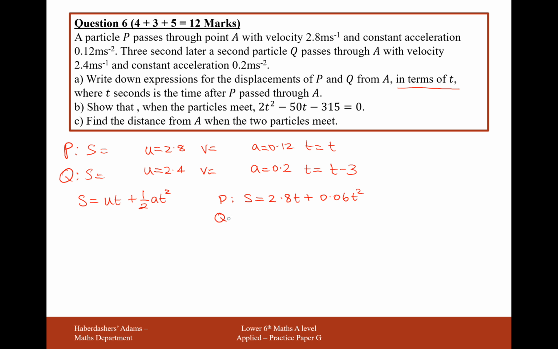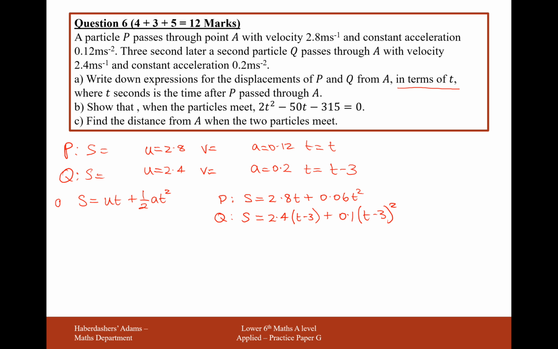And the same for Q, but remember in Q it's not just T, it's T minus 3. So S in this case is going to equal 2.4 lots of T minus 3, add half the acceleration, 0.1 T minus 3 squared. Okay, so that's the answer to part A.